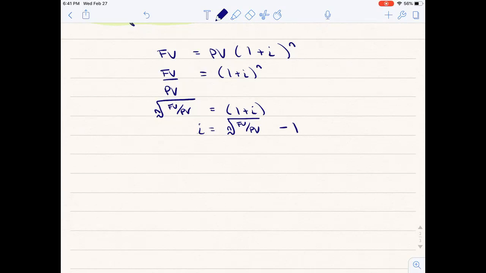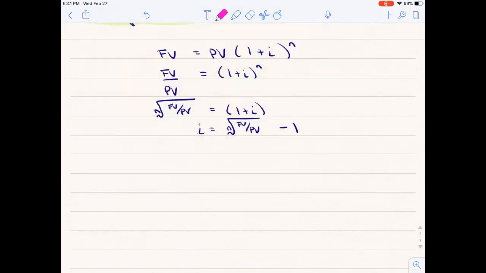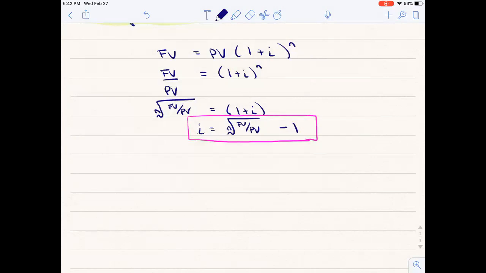Which, surprise, surprise, is exactly what's on your formula sheet. So that's where it came from. I'll just highlight it to show you it's on your formula sheet. Any questions about deriving that?